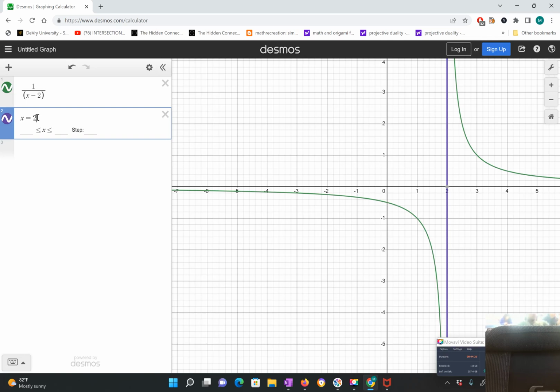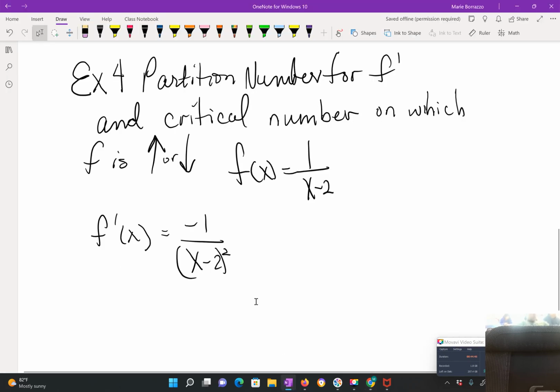We can't use that. But if you look at the figure left to right, what's happening? Look, decreasing left to right on the left, and on the right, it's also decreasing. So it's decreasing on both sides. And we could use a test point to see if it's true based on the first derivative test.